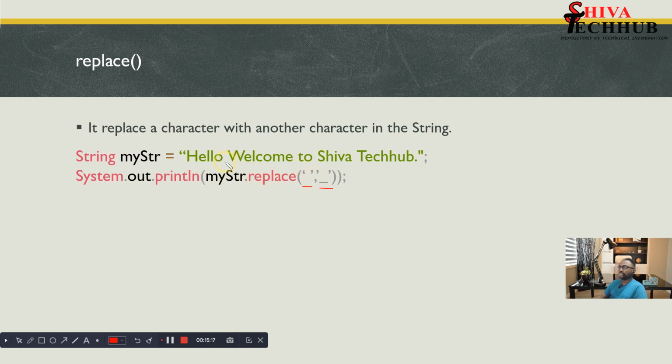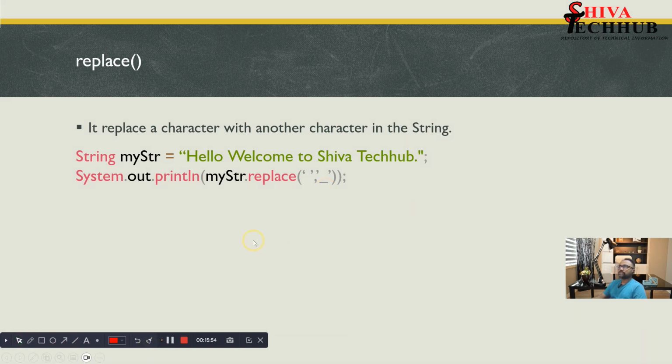Wherever you encounter a space, you want to replace it with this particular character, an underscore. So what will be printed? hello, then underscore, because it replaces the space with underscore, then welcome underscore to underscore Shiva underscore takeup. So this is how we replace one character with another whenever that particular character is encountered.